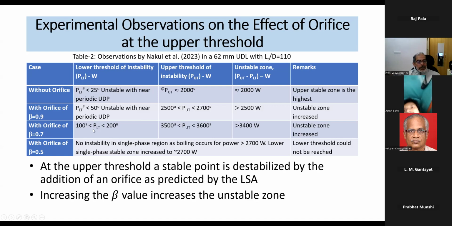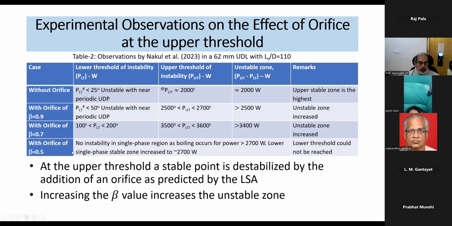If you go to 0.7, in this case we find 100 watt is stable and 200 is unstable. And here again, 3500 is unstable and 3600 is stable. Again, you find the unstable zone actually increases with the orifice.